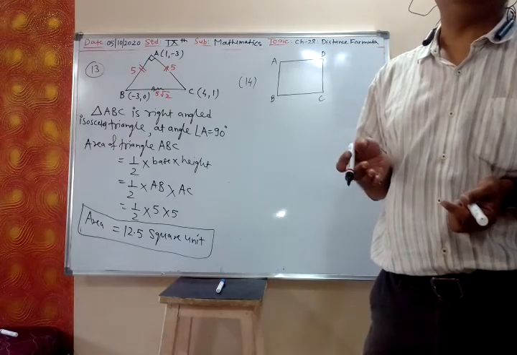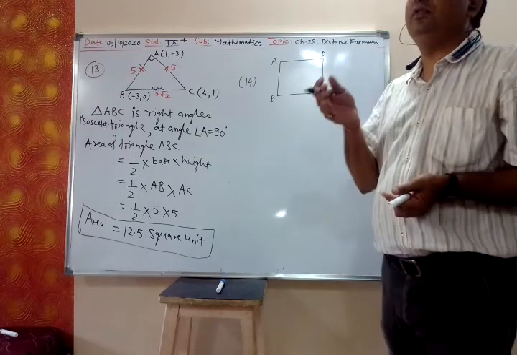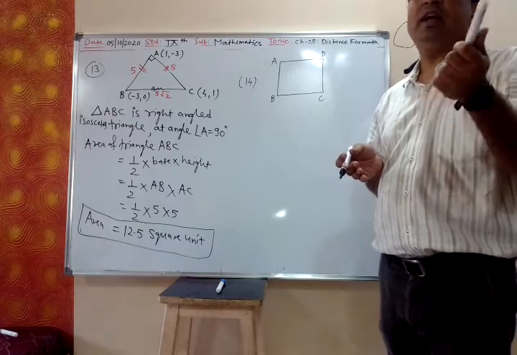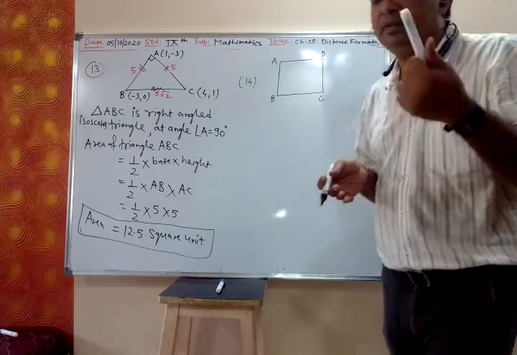Rectangle we show that opposite sides are equal, square we show that all the four sides are equal. Then second condition for rectangle and square they are same. Diagonals of rectangle as well as square must be equal.